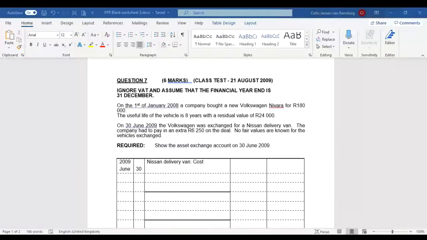And our third possibility is to determine the cost of this asset that we are acquiring by using the what of the asset that we are giving up. This is an estimation then of its fair value. We don't know what the fair value is, but we are going to estimate the fair value. And what is the best figure that we can use as an estimate of the fair value of that Volkswagen Navara?